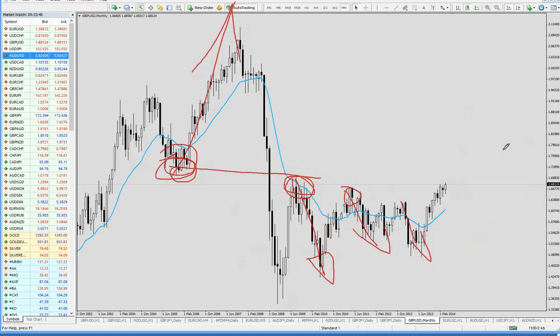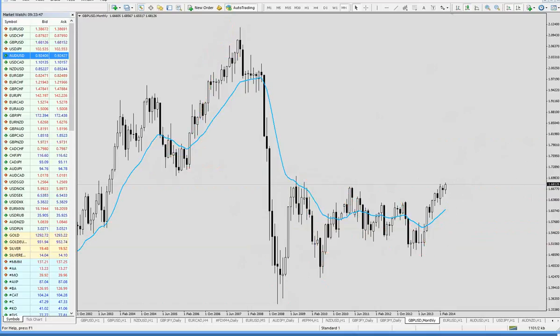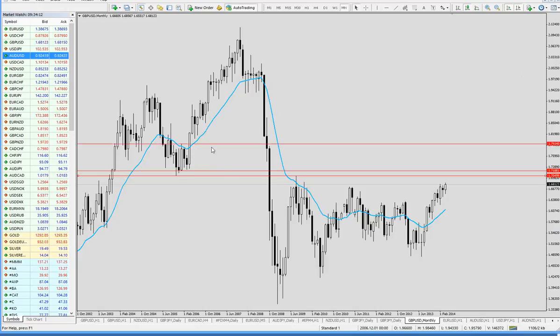So I wouldn't be surprised to see, because the zone on the monthly chart, guys, is like this one, and somewhere here.